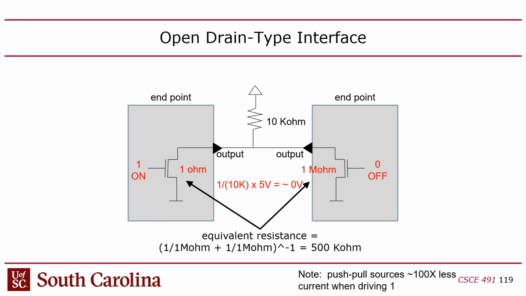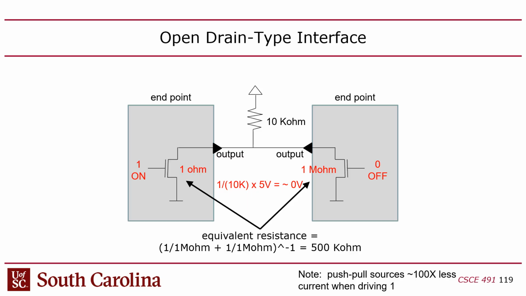Now, let's say I want to send a 0 out of this guy. So I send a 0 out of this guy, so I pull him down. This guy is not pulling down. Okay, so now my voltage divider is 1 ohm divided by 10K, or 10,001 technically, which is basically 0.